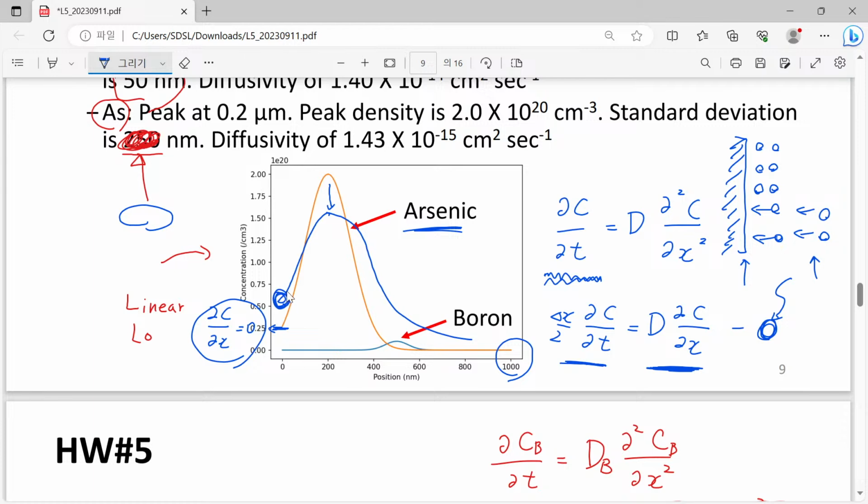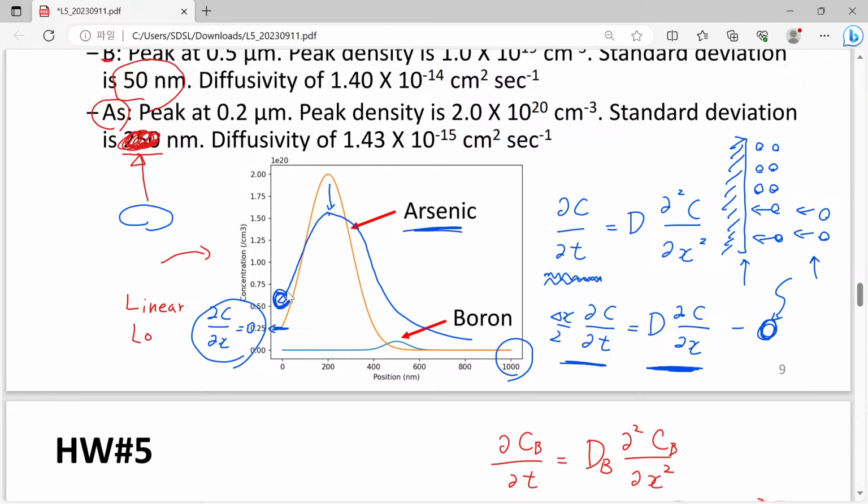Please try to do that, then you can easily find that since we have no exit for our arsenic, there will be a pile up of arsenic atoms. That is also a really good question. Thank you for your active participation.